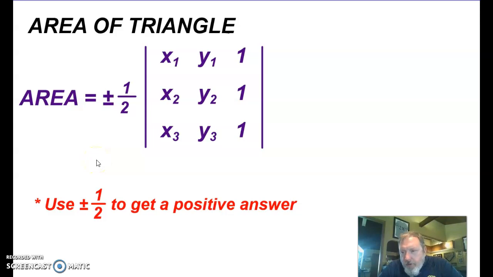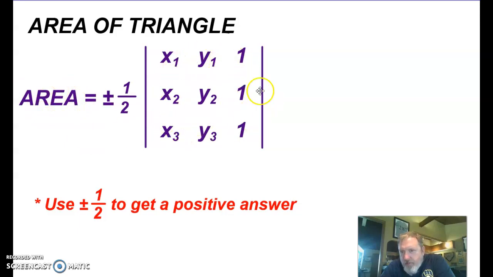We can also do a similar deal to find the area of a triangle. So if you know the 3 vertices of a triangle, we can use this formula here. So we put our 3 points in a matrix, same way that we would for collinear. So first point, second point, third point, make the third column all 1s. You take the determinant of that matrix and you multiply by positive or negative 1/2. And the way you determine that, you want your final answer, your area, to be positive.